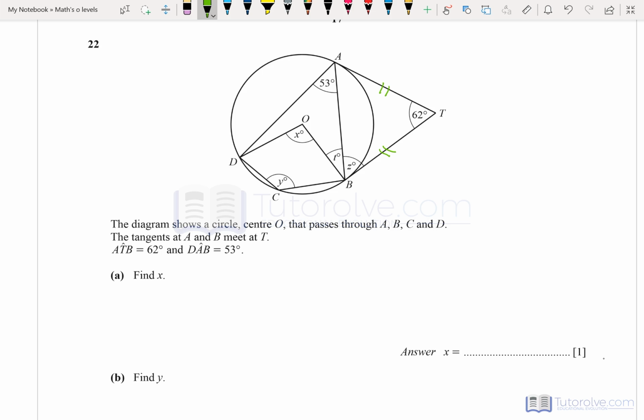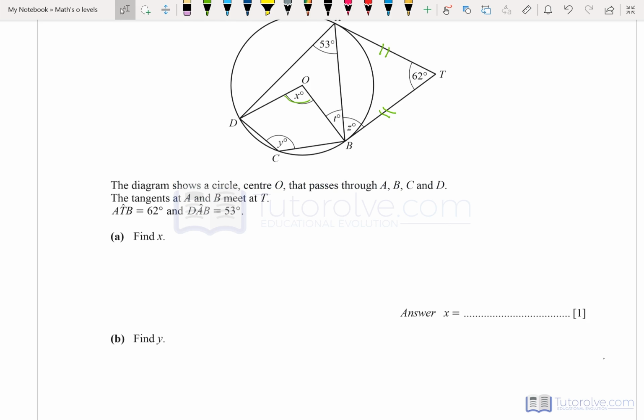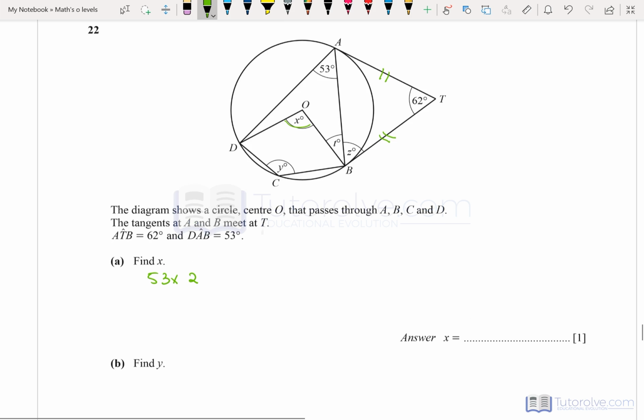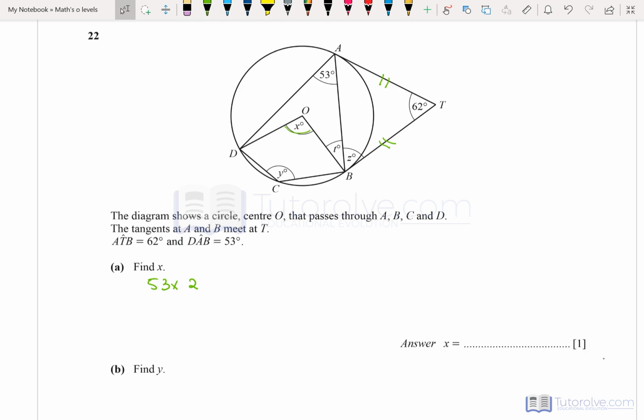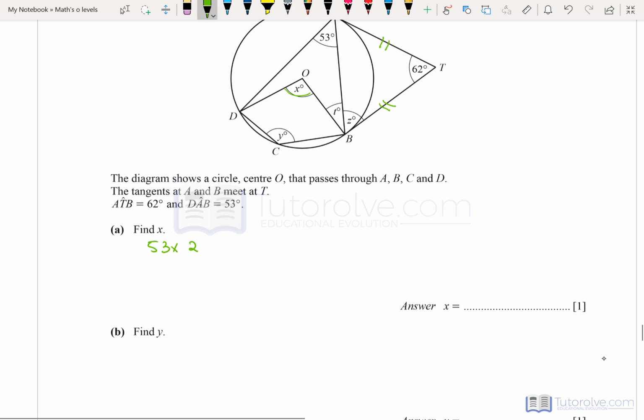We need to find x, which is an angle at the edge. So this is going to be 53 times 2, because the angle at the center is twice the angle at the circumference, which gives 106.